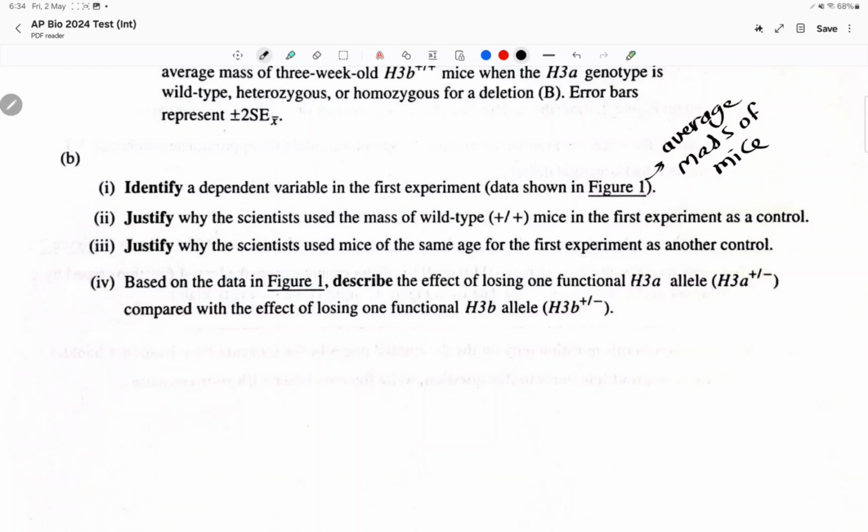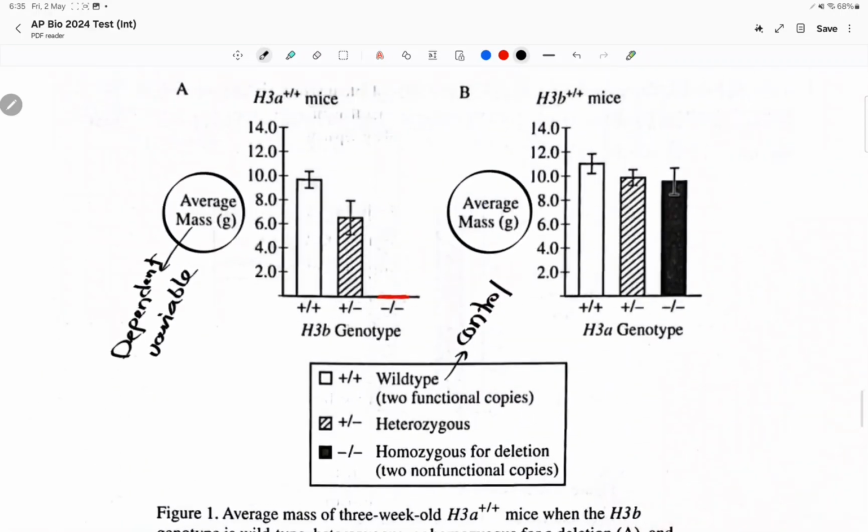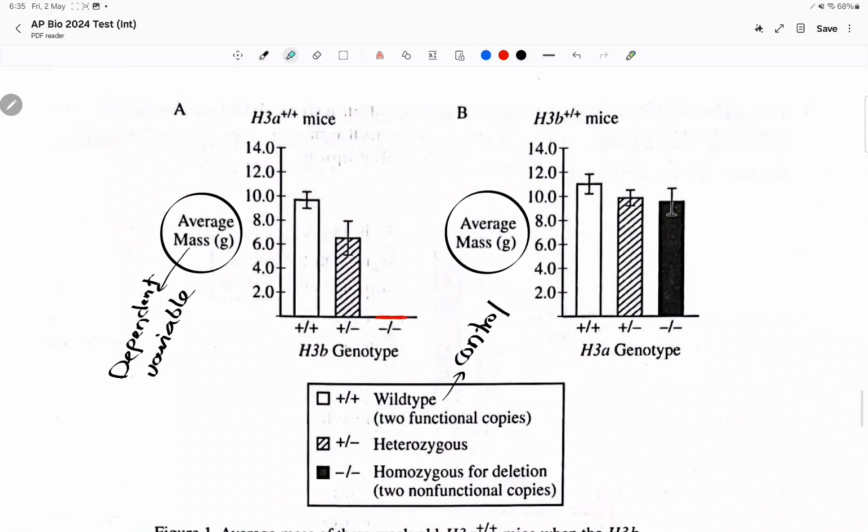Okay. B, II. Justify why the scientists used the mass of the wild type plus mice in the first experiment as a control. So as you can see, they did use plus in both genotypes. So they had plus for the H3B genotype and also plus for the H3A genotype. Well, the control is always going to be good, right? Because how do you know if this mass is low or high? How would you know if it's low or high if you have nothing to compare it to?